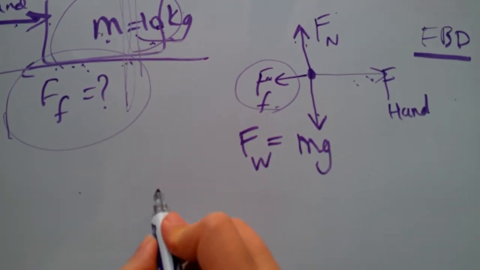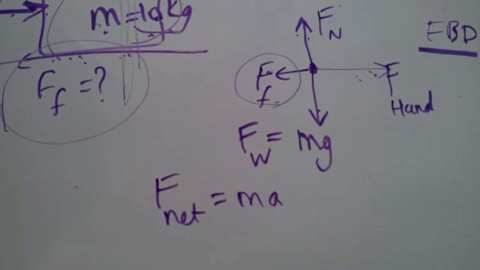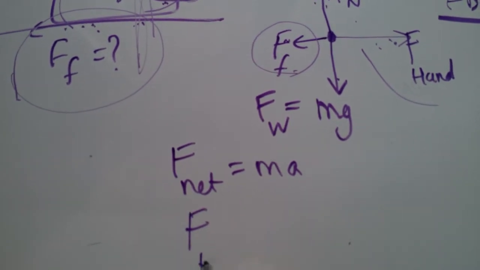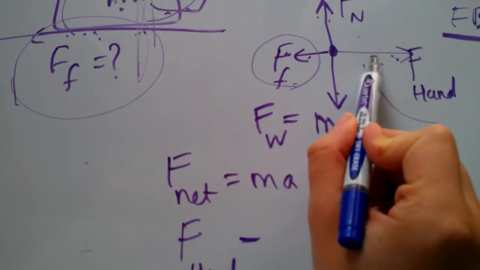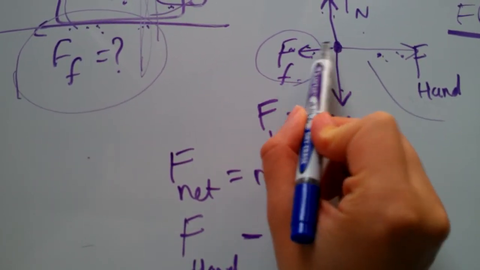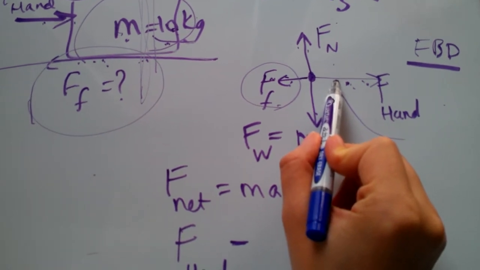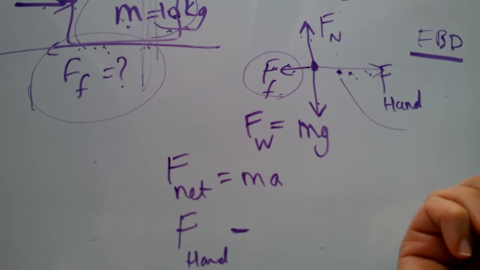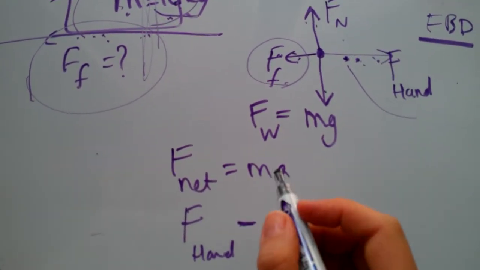Now write out F net equals m times a. What is F net? Force of my hand minus, see, this is opposite to this force, the direction. I said in the other video, if forces are in the opposite direction, they get subtracted, right? This is going to be canceling out a little bit of this force of hand.